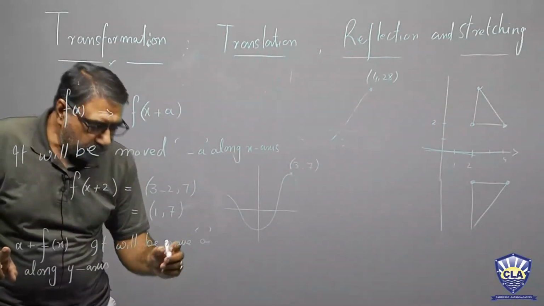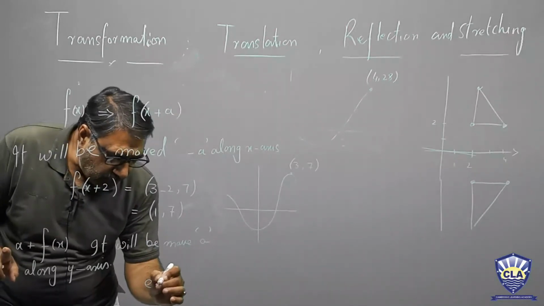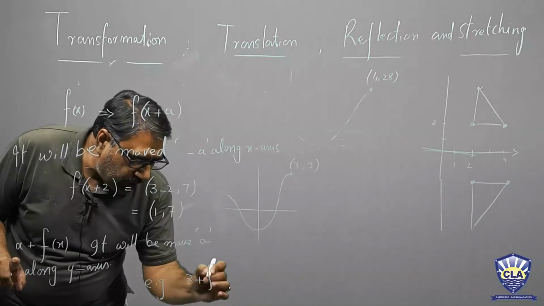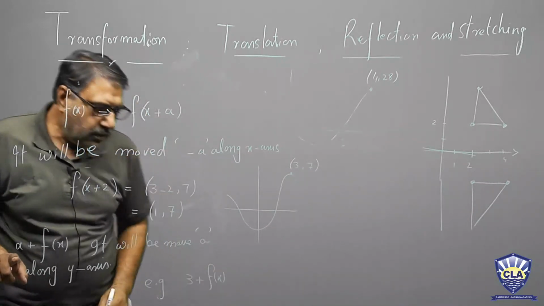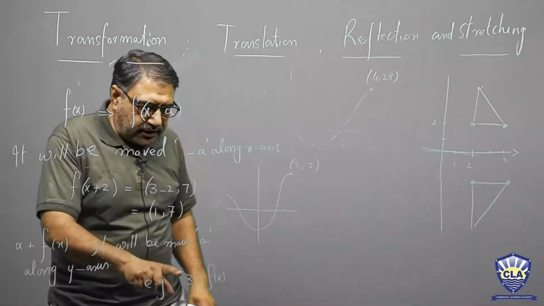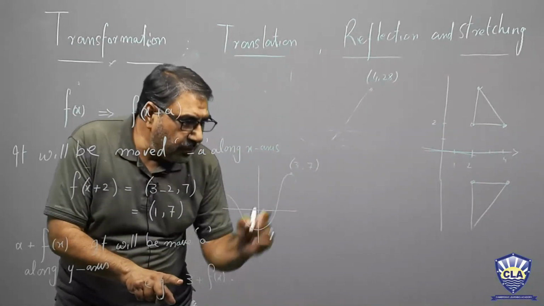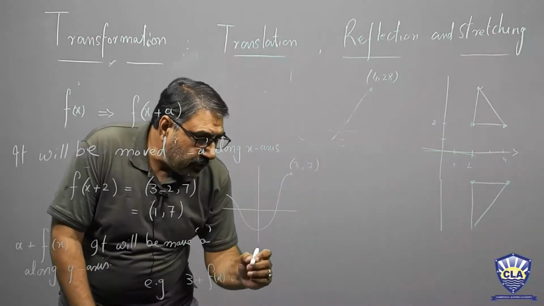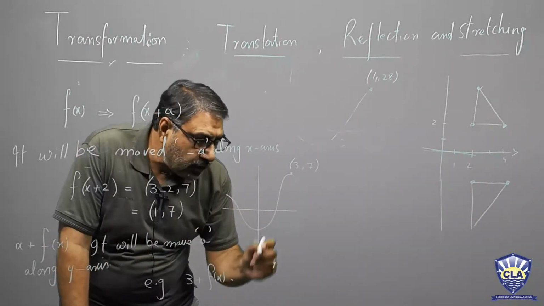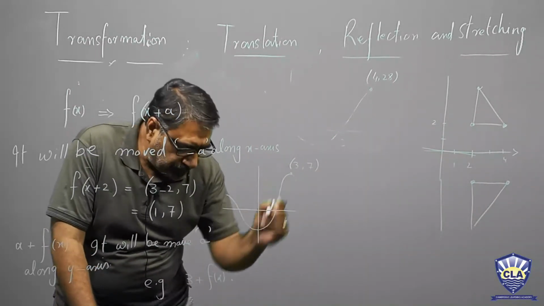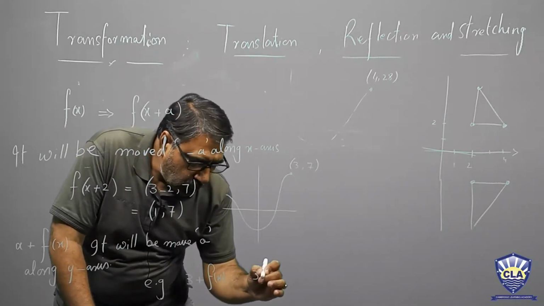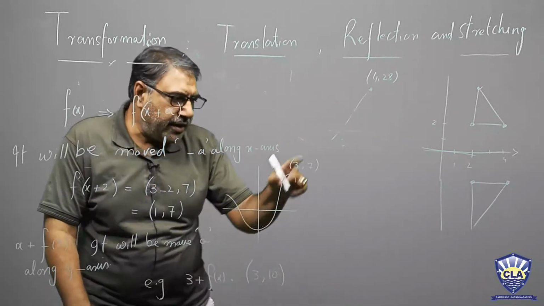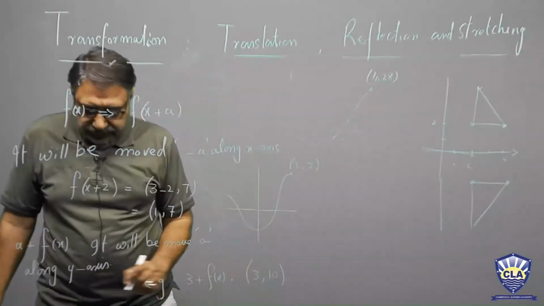For example, if it is 3 plus f of x, it means that 3 will be added in the y coordinate. Now, what will be the coordinates of this curve after the translation? 3, 10. 3 will be added in the y-axis.